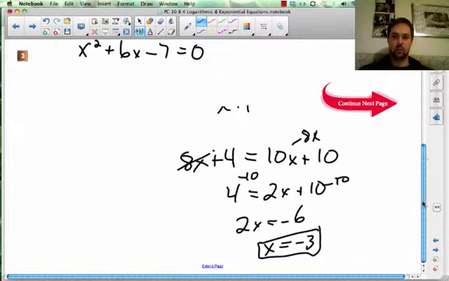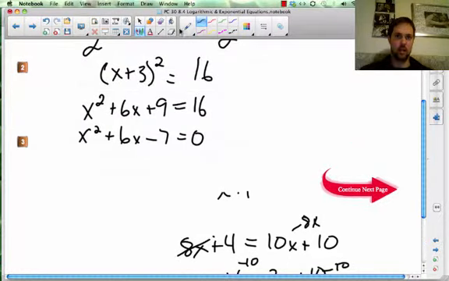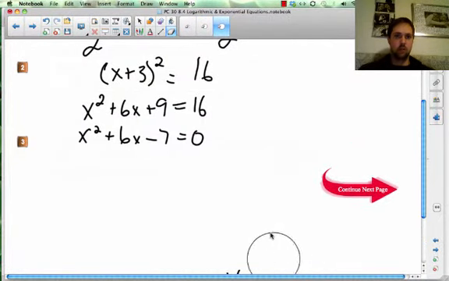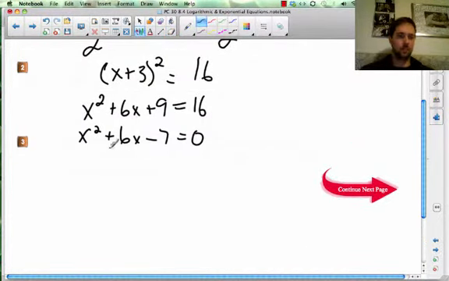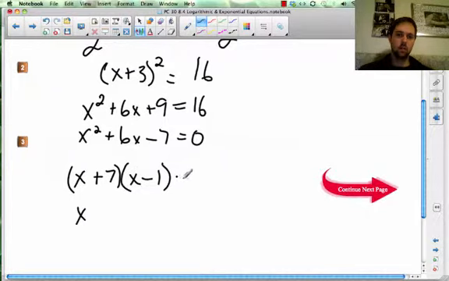Now this is just simply solving a quadratic. So we can just use our sum and product. So the product must be negative 7, but yield a sum of positive 6. So it has to be plus 7 and minus 1 equals 0. So of course, by your zero product property, x could be minus 7 or x could be positive 1.